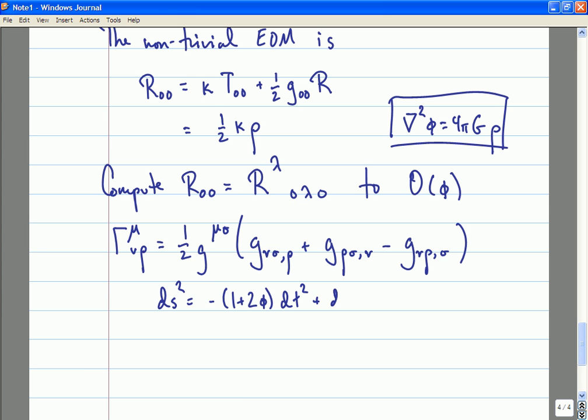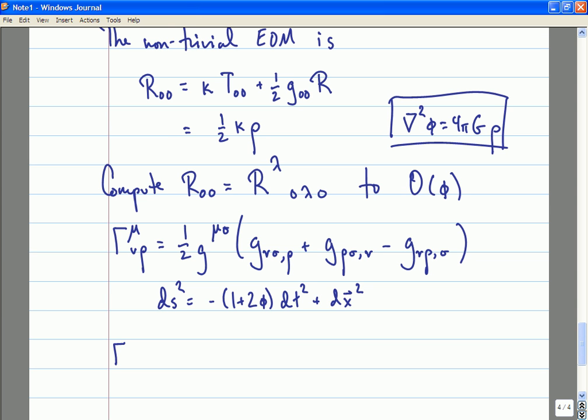We can then stare at this and see what the non-zero components of the Christoffel symbol are. The first thing we notice is that the only components of the metric which have a non-zero derivative are the 00 components of the metric.